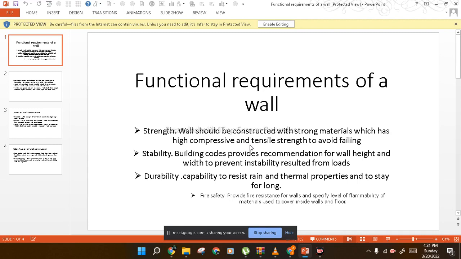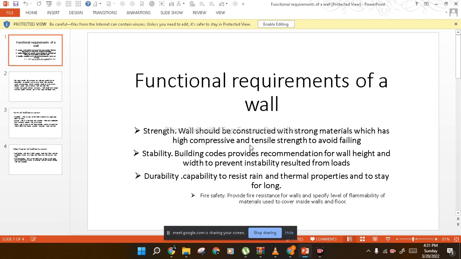Bob. I can see strength. Continue. It should be constructed with strong material which has high compressive and tensile strength to avoid failure. Okay, thank you.